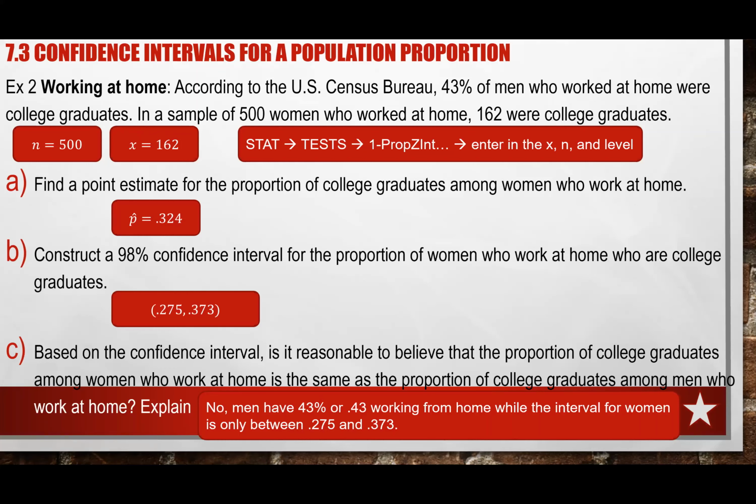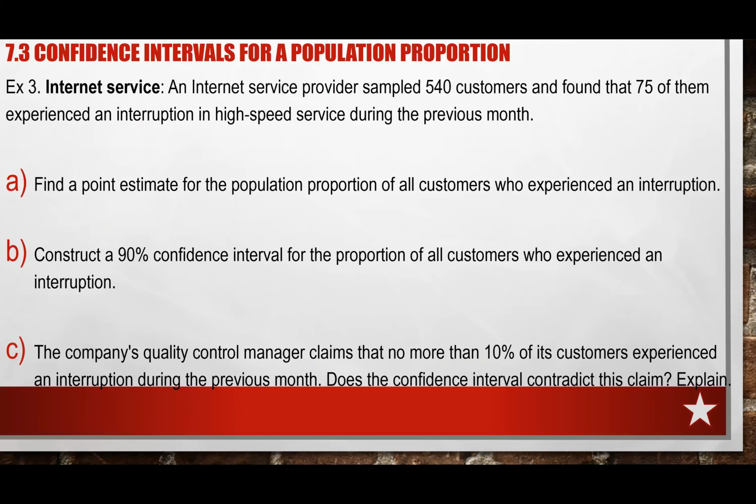If you don't have questions with example 2, let's take a look at example 3. If you glance through it, example 3 is very identical, in the sense that again they give you a sample and some category or condition that has to be met. An internet service provider sampled 540 customers and found that 75 of them experienced an interruption in high-speed service during the previous month.